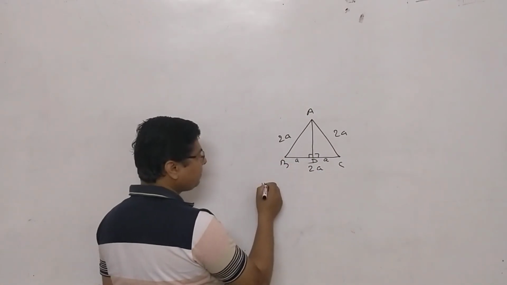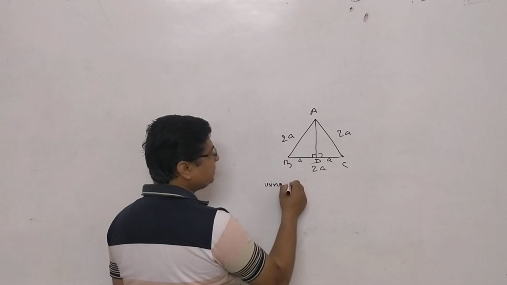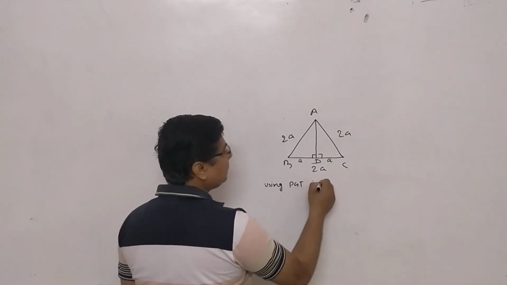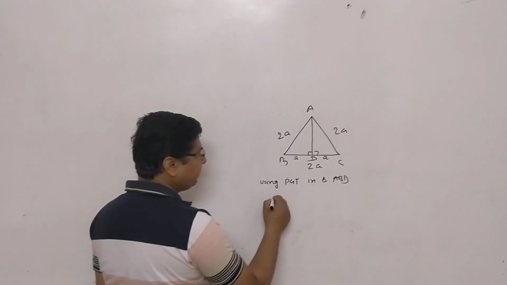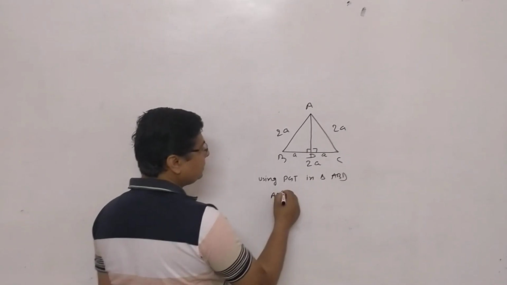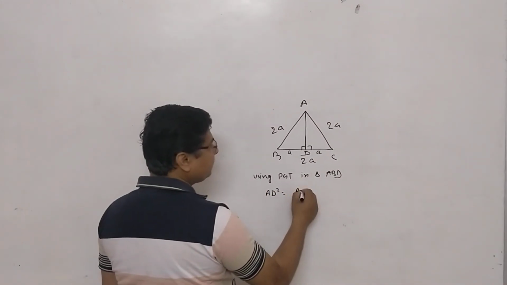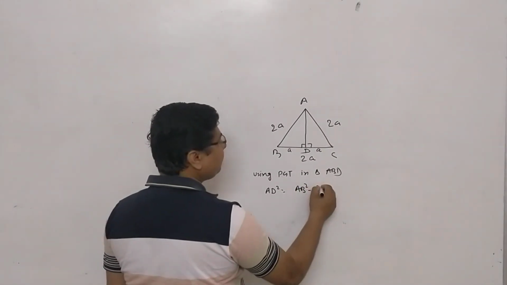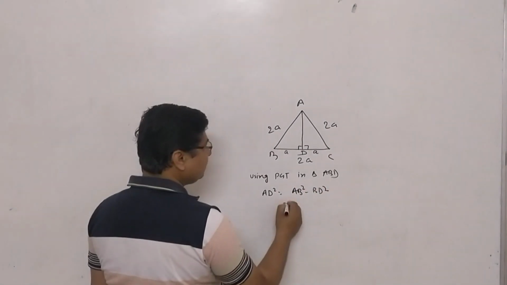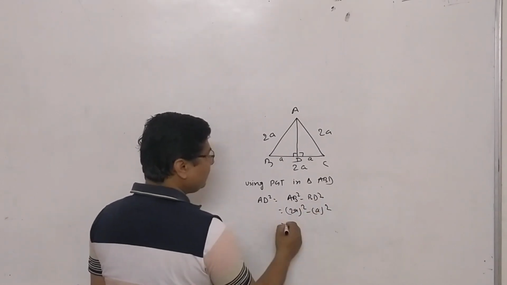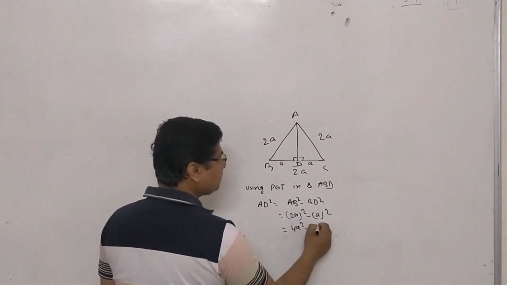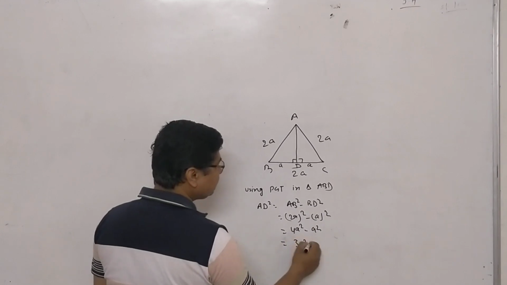Now use the PGT in triangle ABD. We will find AD. AD is perpendicular here, so it will be the square of hypotenuse minus the square of base. So AB is here 2A, BD is here A. It will be 4A square minus A square, that is 3A square.